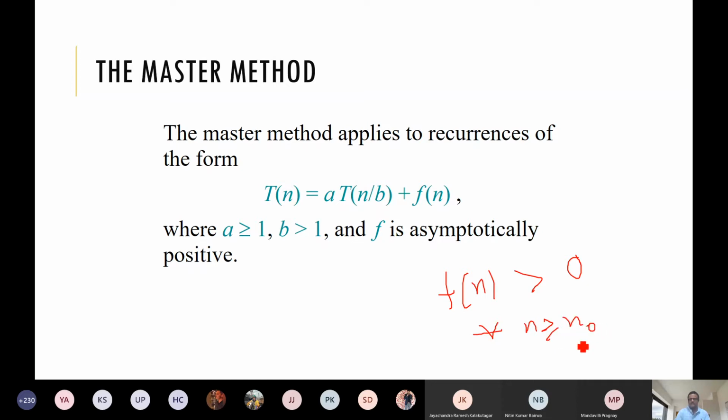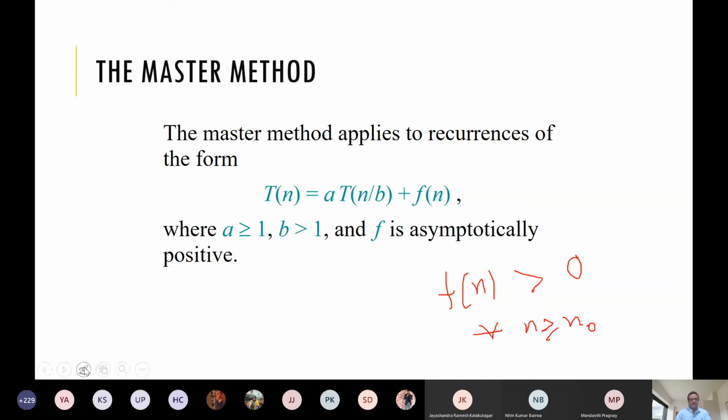That means we are allowing maybe a few initial terms to be negative, but after that all terms are positive, since we are dealing with the growth of the time complexity as n is large.